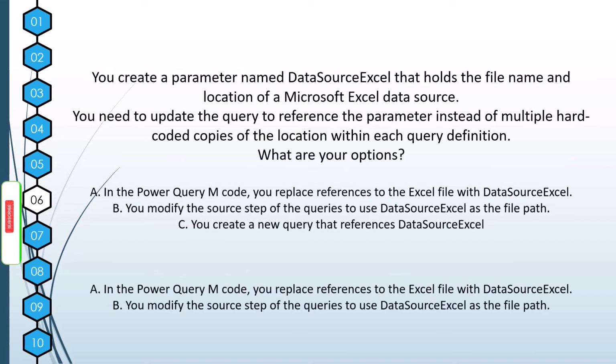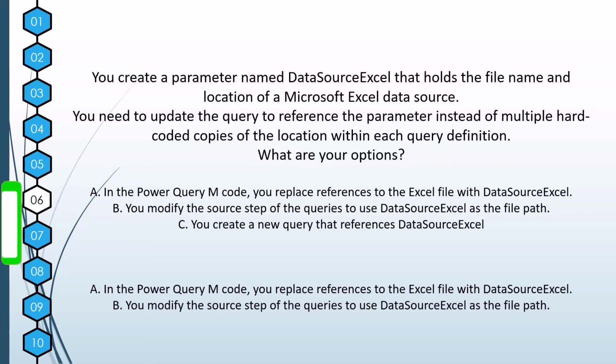You create a parameter named DataSourceExcel that holds the file name and location of a Microsoft Excel data source. You need to update the query to reference the parameter instead of multiple hard-coded copies of the location within each query definition. What are your options? A. In the Power Query M code, you replace references to the Excel file with DataSourceExcel.